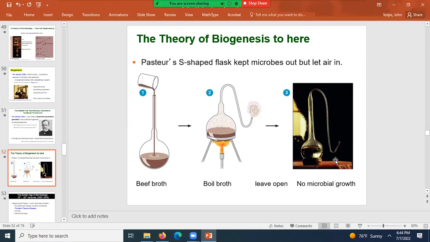So this disproved the theory of spontaneous generation. Any question about any of that? After Pasteur's day, nobody argued that microbes could spontaneously generate. Any question about any of that?